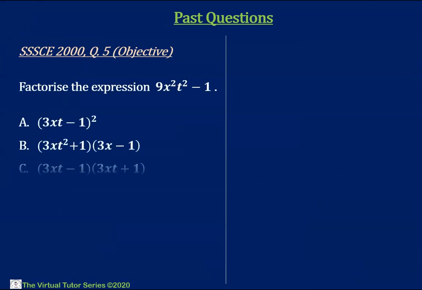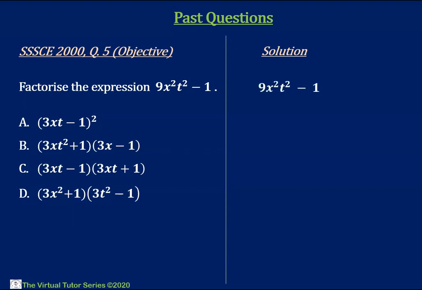SSSCE year 2000. Objective question 5. Factorize the expression 9x²t² - 1. Solution: we are to factorize 9x²t² - 1. The square root of 9 is 3.